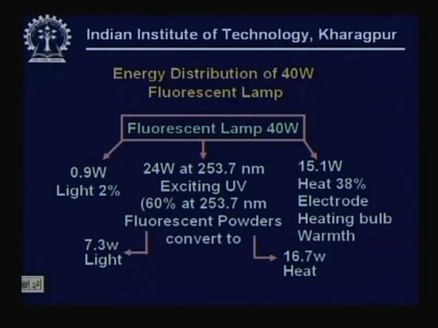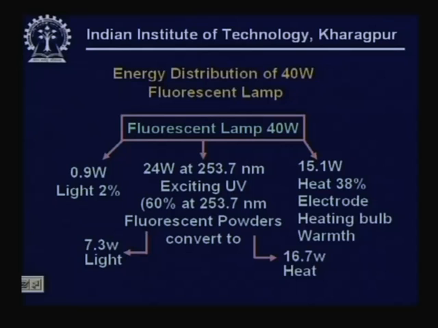Now, if you look at the fluorescent lamp, out of the 40 watts that is put in, by virtue of thermal losses, because we have hot cathodes, there is an initial light of only about 2%, but around 24 watts is used in exciting the ultraviolet radiation.